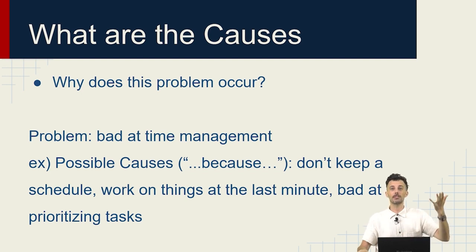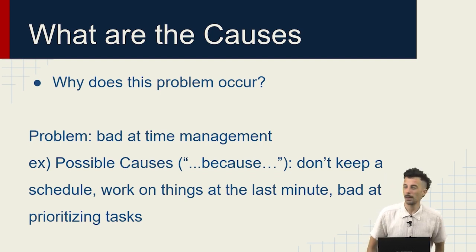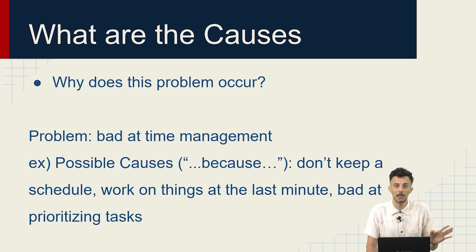So if the problem is you're bad at time management, you want to think you're bad at time management because maybe you don't keep a schedule, like I do. I don't really keep a schedule. I work on things at the last minute, and I'm bad at prioritizing tasks. The more specific the causes, the better.